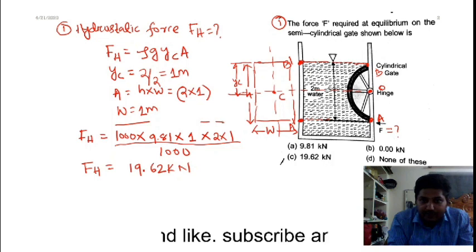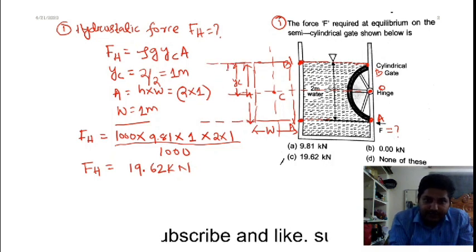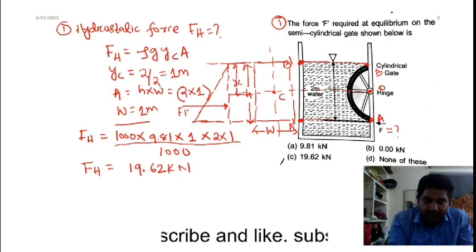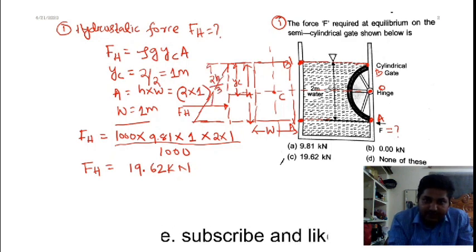To find it, you have to draw the pressure distribution curve. The pressure distribution curve will be like this. This is the hydrostatic force magnitude, and it is at a distance of 2h by 3 from the free surface, and this one is h by 3.